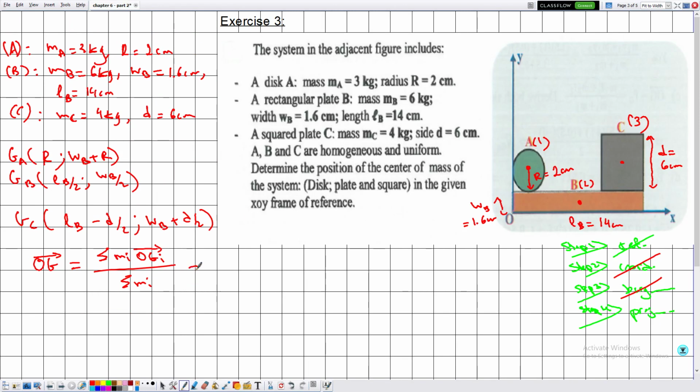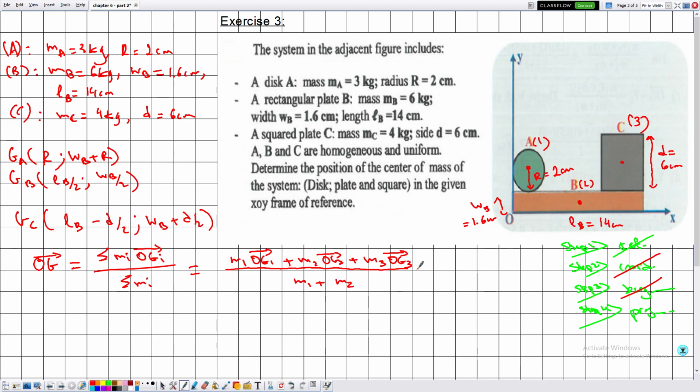Okay, so this is given by the summation of M1 OG1 plus M2 OG2 plus M3 OG3 divided by M1 plus M2 plus M3.